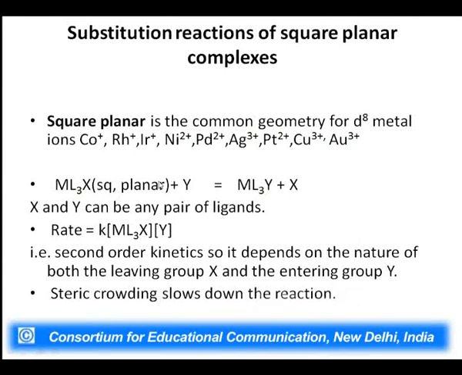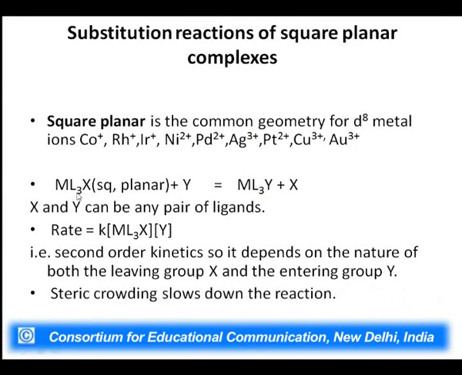X and Y here can be any pair of ligands, and the rate of this reaction is found to be dependent upon both species. The rate of the reaction is second order, depending upon the entering ligand as well as the concentration of the reactant complex.